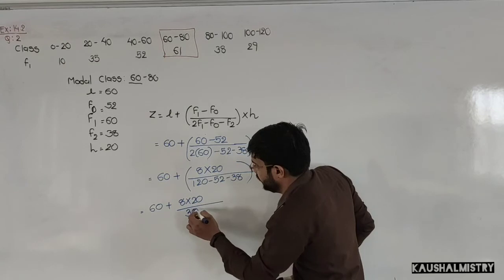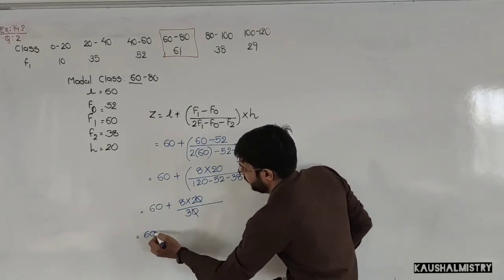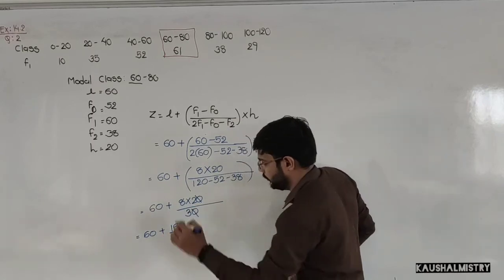Right? This will be 0, 0 will get cancelled. So this will be 16 upon 3.